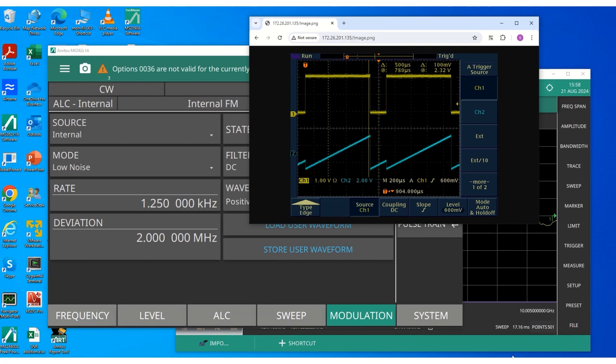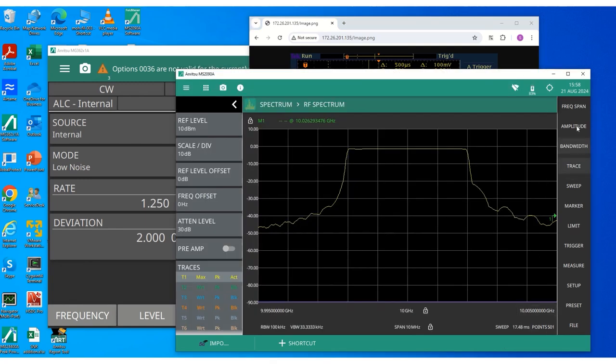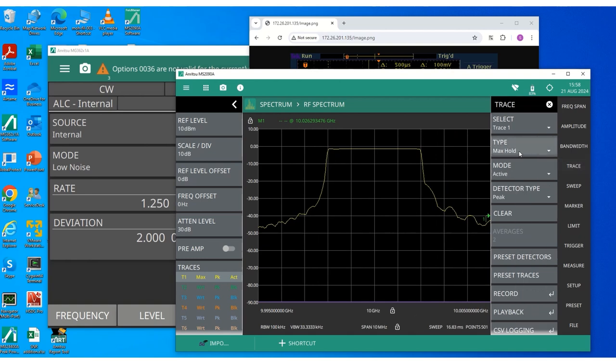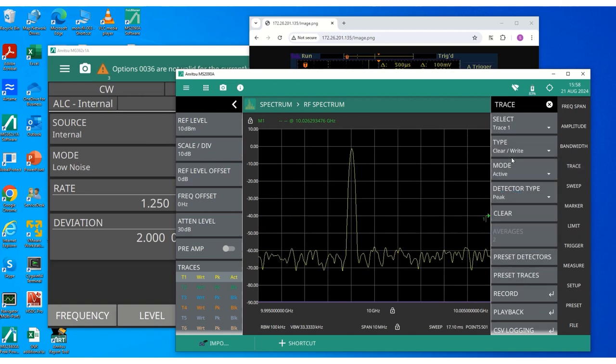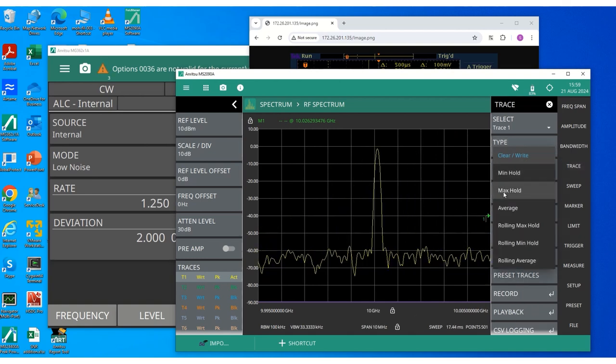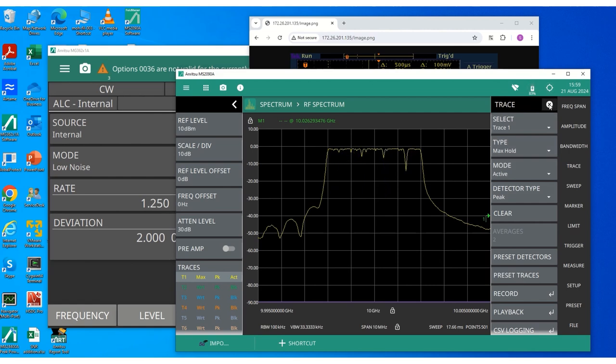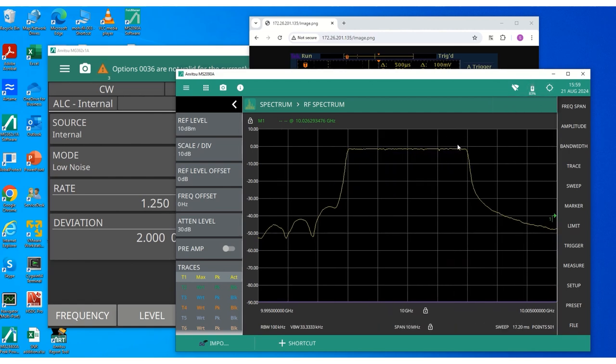And again, let's go back to the spectrum analyzer and see our trace. Go back to clear right and do another max hold, and you can see that you are getting your original deviation of plus minus 2 megahertz. So that is how the chirp looks in the frequency domain.